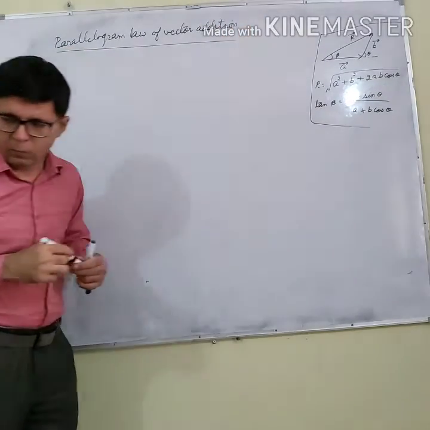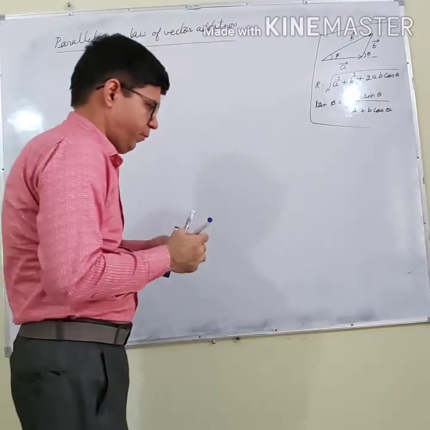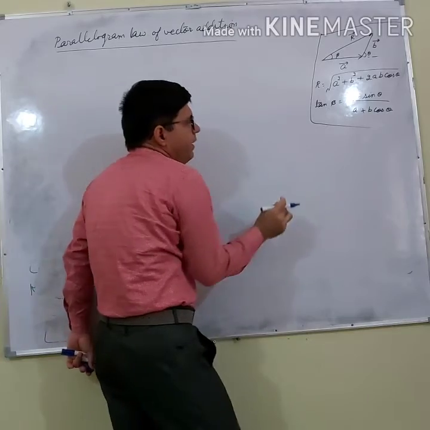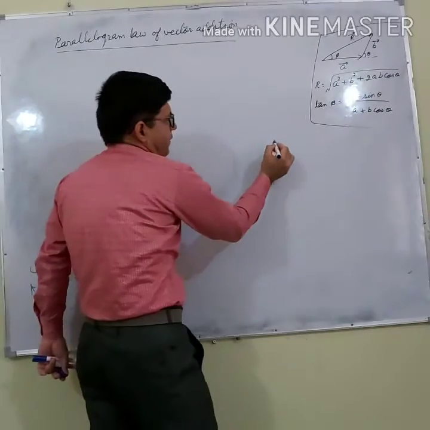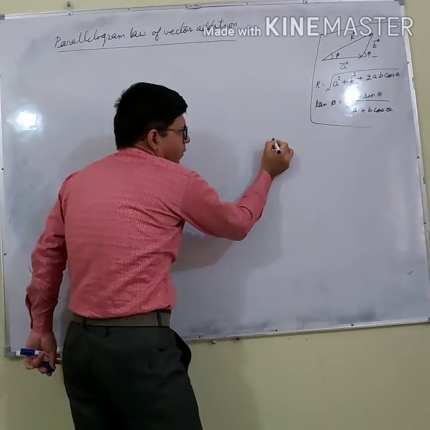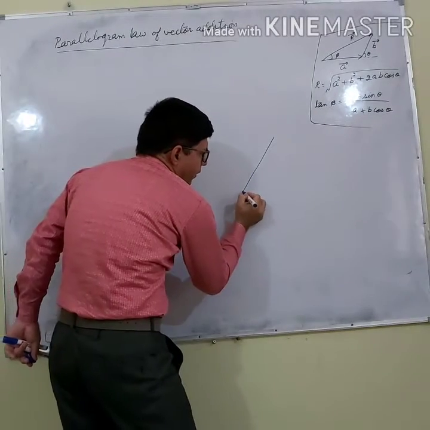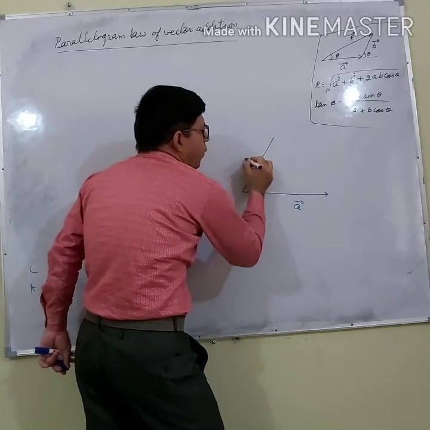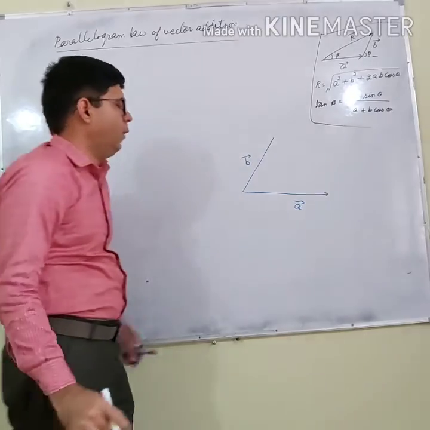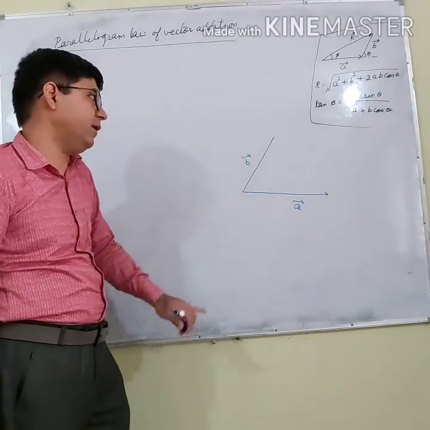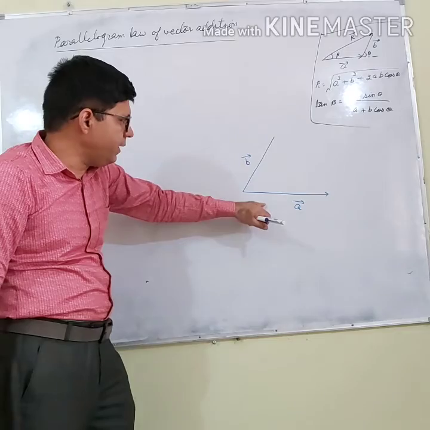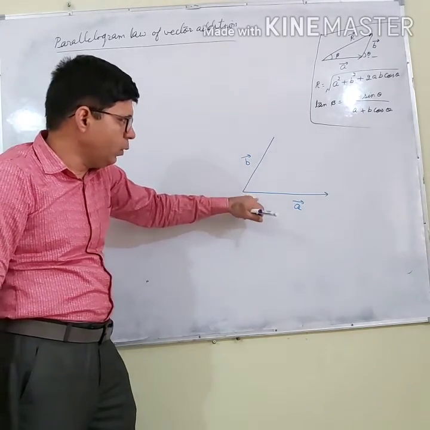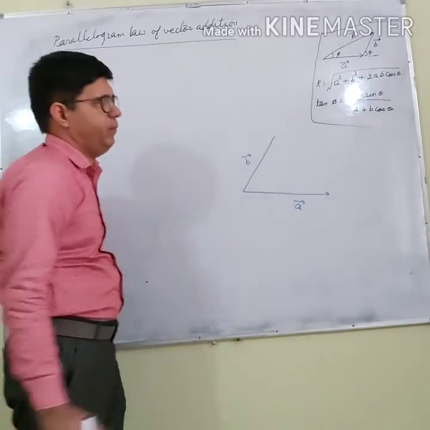Now let us say we have two vectors, A and B, which can be represented in magnitude and direction by two adjacent sides of a parallelogram.